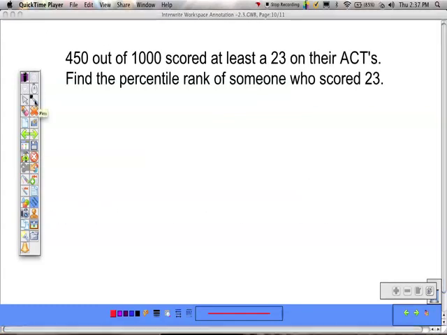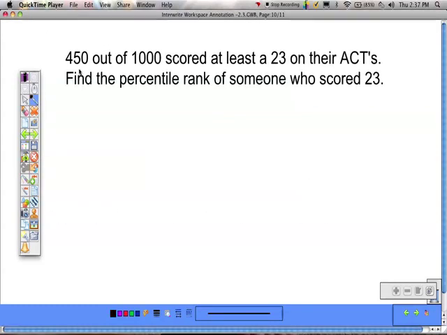Let's do this one. Let's say there's 450 people out of 1,000 that scored at least 23 on their ACTs. Find the percentile rank of someone who scored a 23. So here's the 23, and 450 people out of 1,000 scored at least 23. So they scored 23 or better.